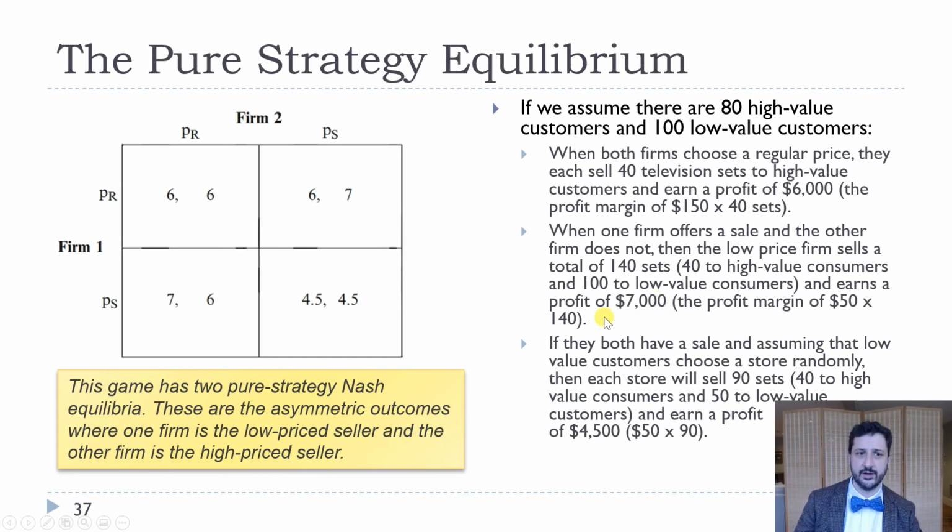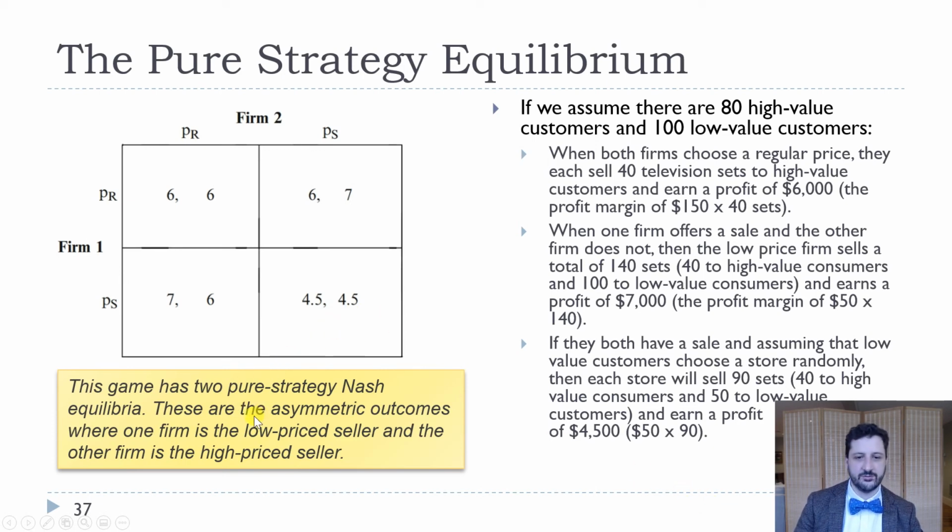And so you'd like to sell to them. And if you have a sale price, then you're going to capture all of those and your profits will actually be higher, and you'll still split the high value customers. So you'll get 7,000 and the competitor will get 6,000. But if you both put everything on sale, then everybody buys, but you're only earning $50 per TV. And so you only get 4,500.